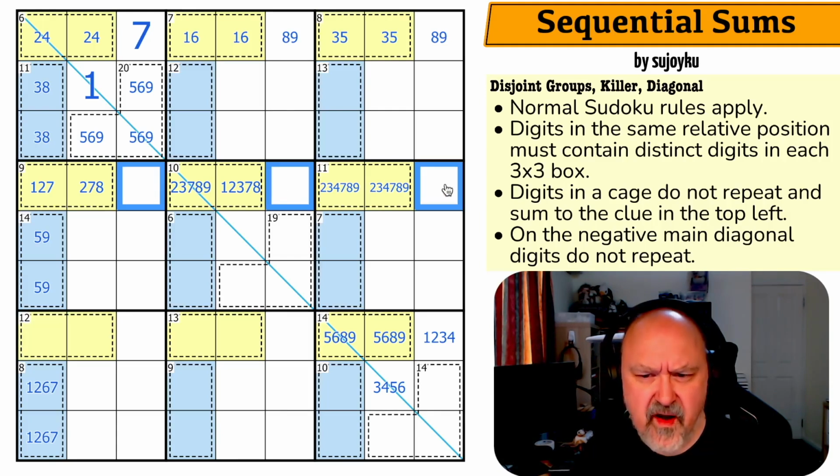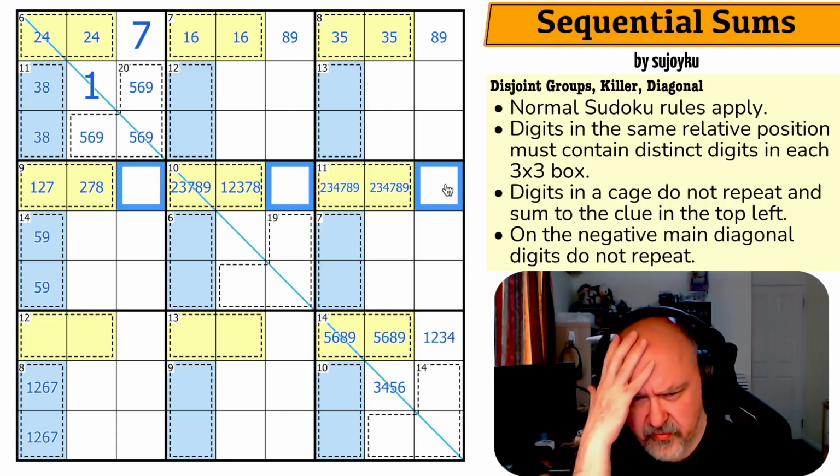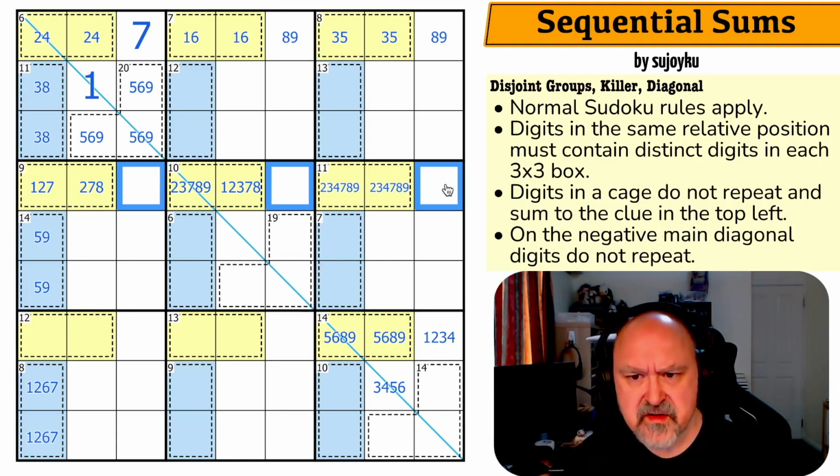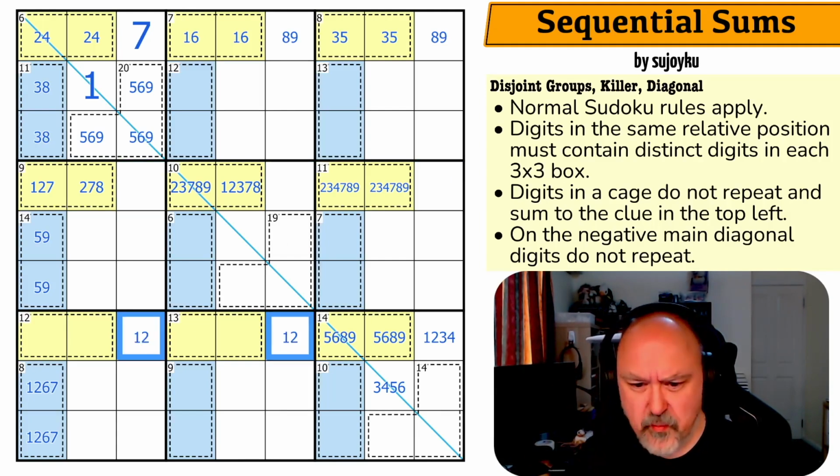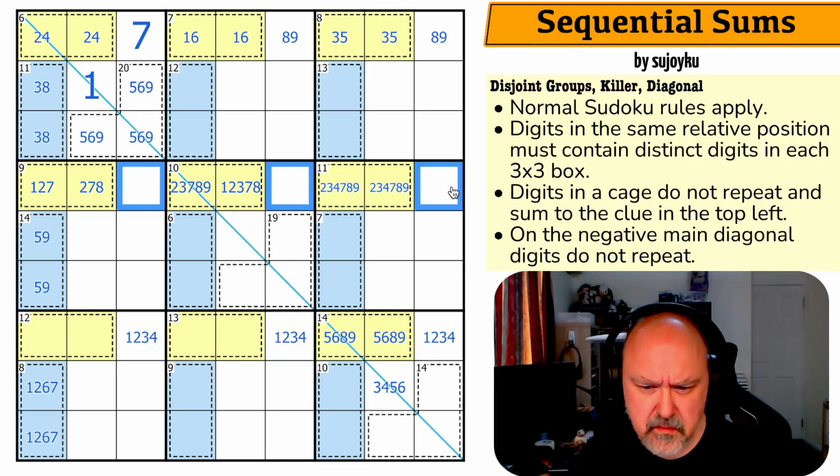So 5 must be in one of those, as must 6. So these are only from 1, 2, 3, 4, because 5 and 6 must be up here.